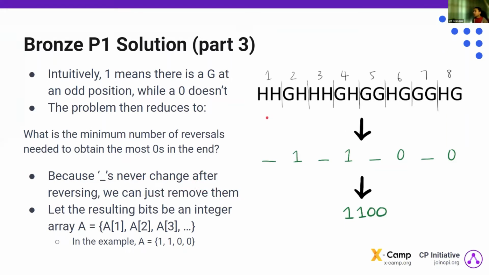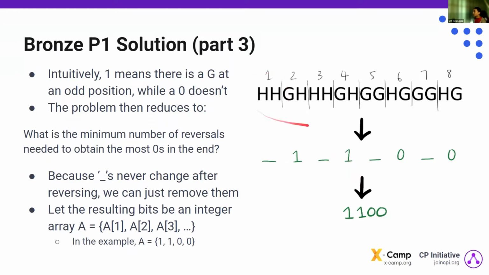Okay, so yeah, that's why we let HH and GG both be underscores, because even after reversing, for example, this prefix, the underscores or HH and GGs will never affect the answer, never affect the number of currencies at even positions. Okay, so yeah, that's why we remove the underscores.